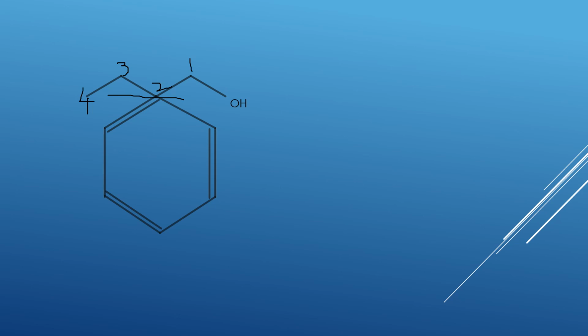If that same OH group were in the benzene ring, we would identify that as the main compound, and the butyl group would be attached to it. But we are not going to do that in this situation. This is identified as 1-butanol or butane 1-ol, and on the second carbon a phenyl group is there. So 2-phenyl 1-butanol or 2-phenyl butane 1-ol.